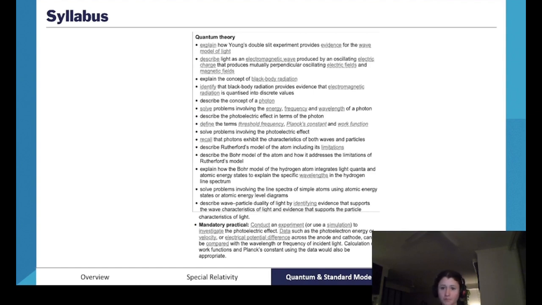So, getting onto light. What we've essentially seen in the past few hundred years or so is that when we conduct experiments using light, sometimes light behaves as a particle and sometimes light behaves as a wave.